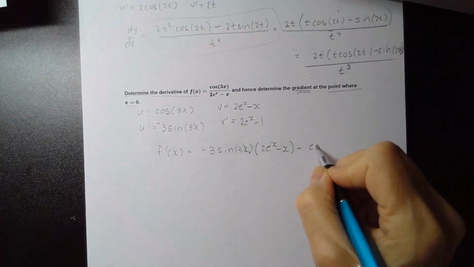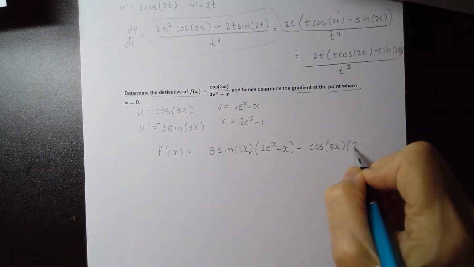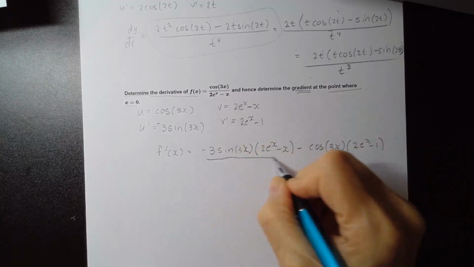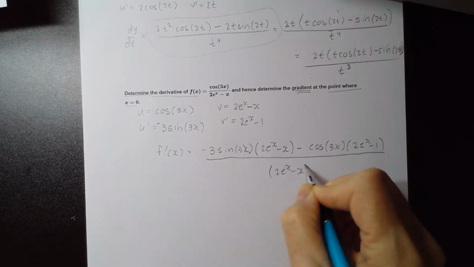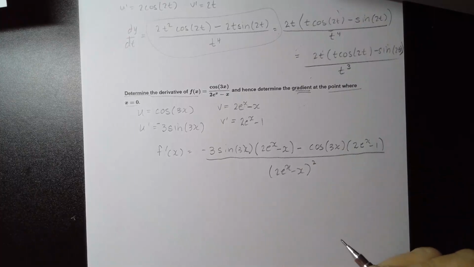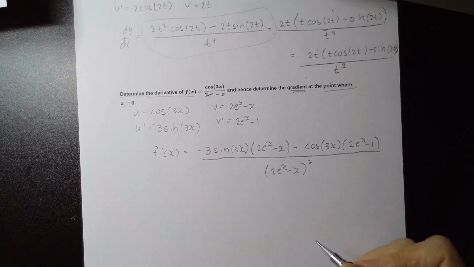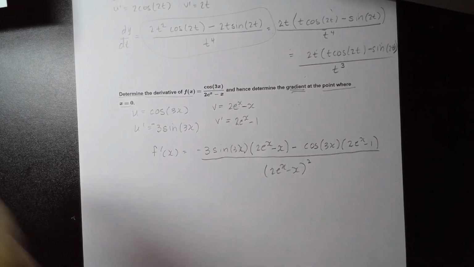So that's cos 3x times (2e to the x minus 1) all over this (2e to the x minus x) squared. All right. Now, seriously, I would just leave it like that. I don't think I would do anything. You really can't do anything, so just leave it. I think that looks good.